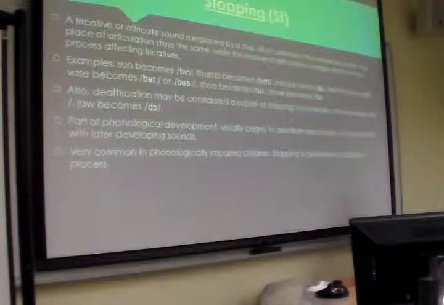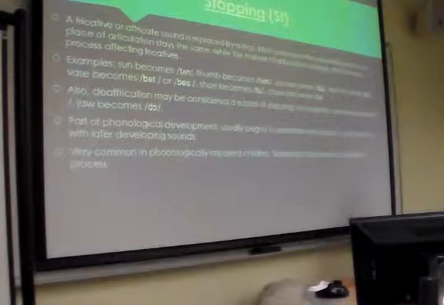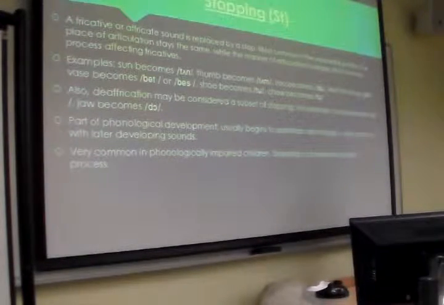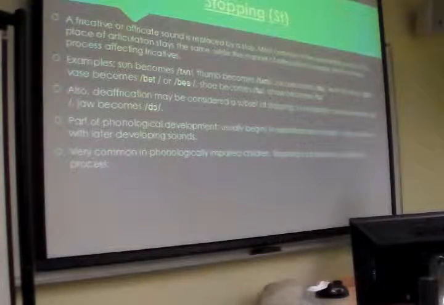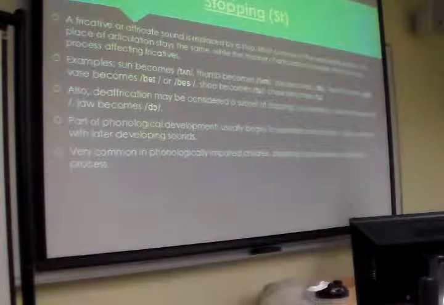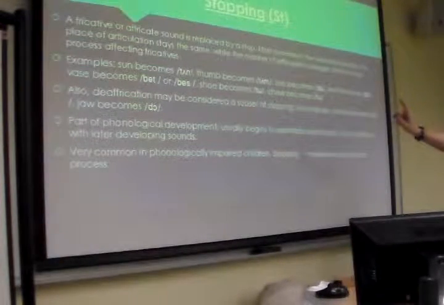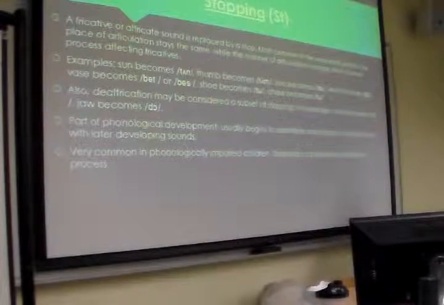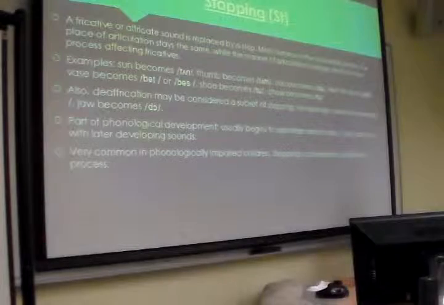If you did the practice exercise 1 that was posted on Canvas, which is not a requirement, it has labeling phonemes and then identifying their place, voice, manner, and then what is changing if we change sun to ton. Is it place, is it voice, is it manner, or is it multiple ones of those? I do have an answer sheet for that, so I'll post that on Canvas for you.